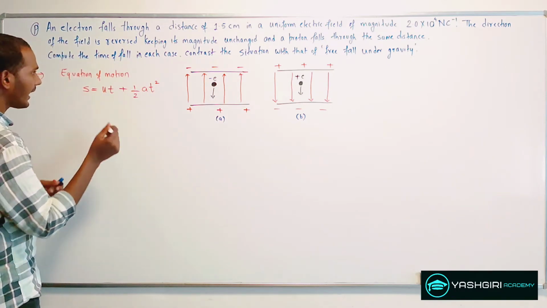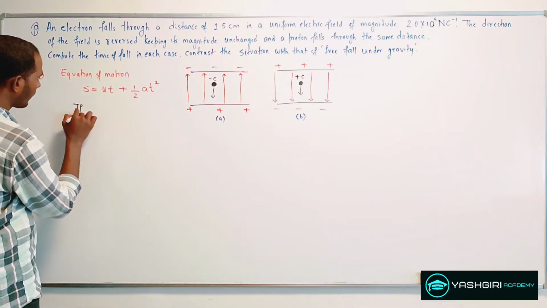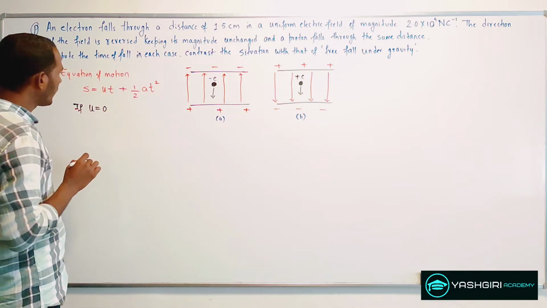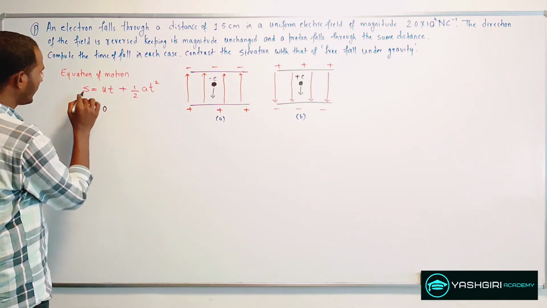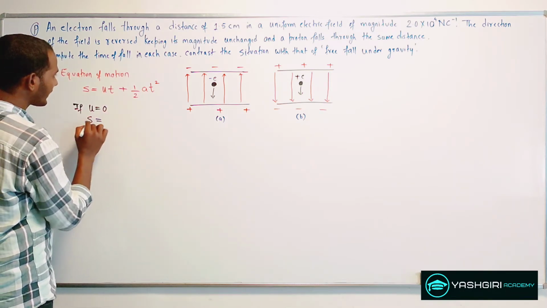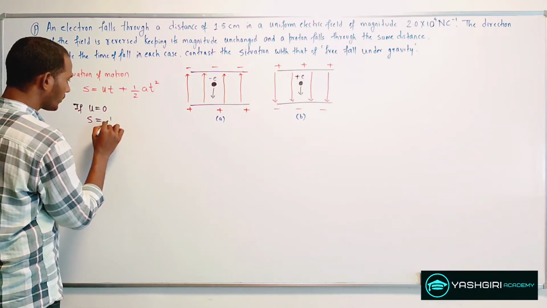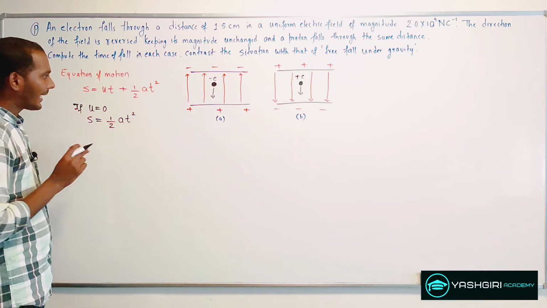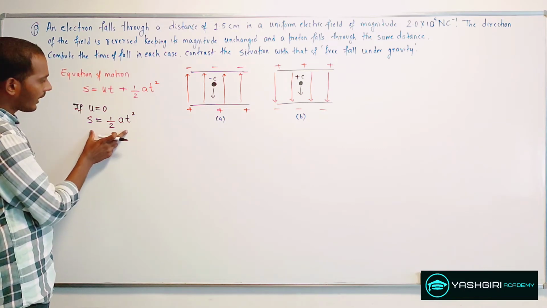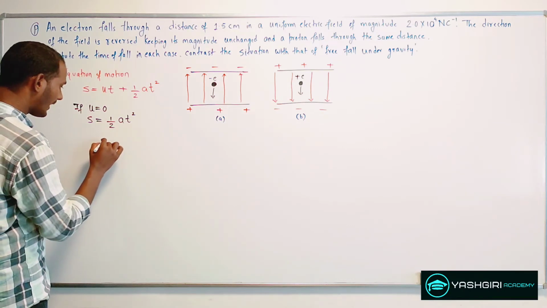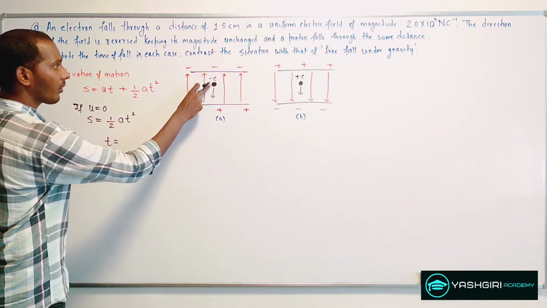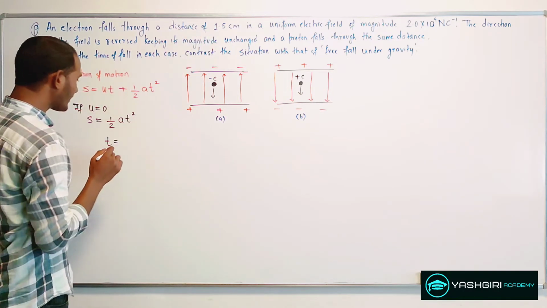So if initial velocity u is equal to 0, the distance that I'll be getting is s equal to half into a t square. And if I rearrange this equation, what I'll get is the time taken by this electron to cover a distance of 1.5 centimeter.